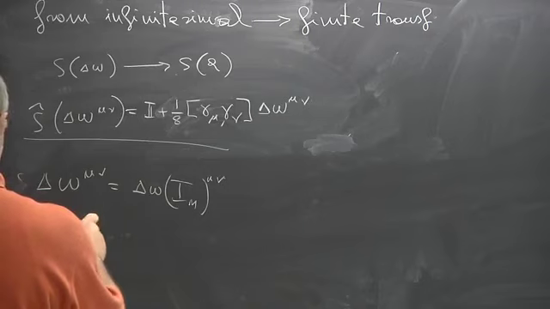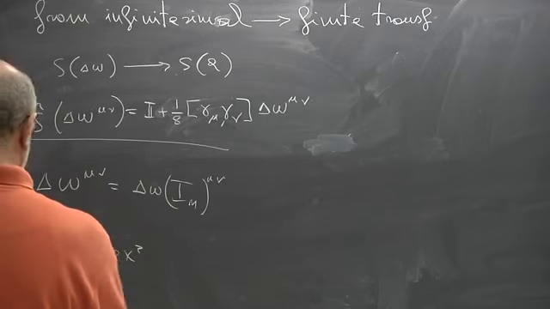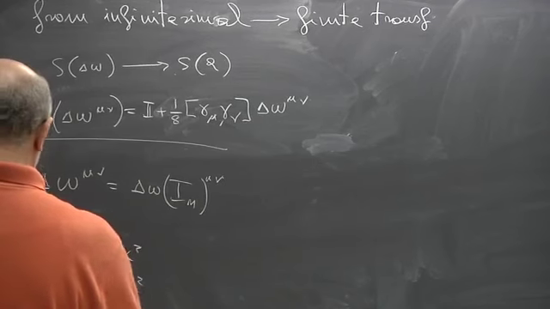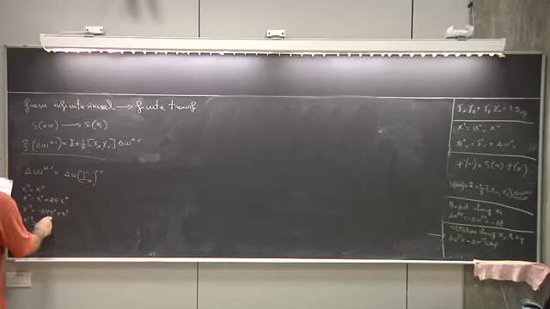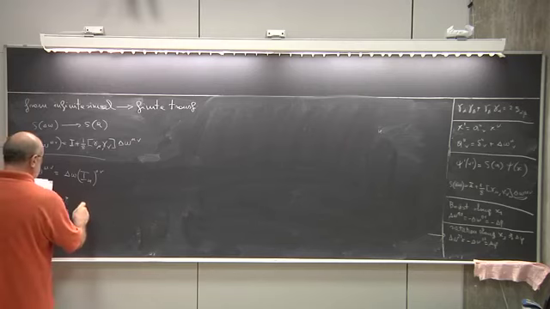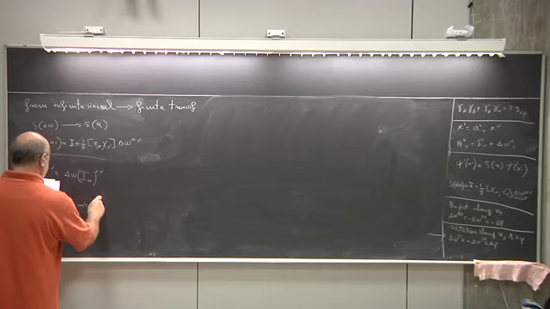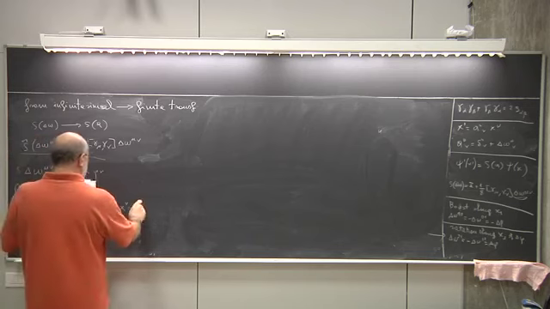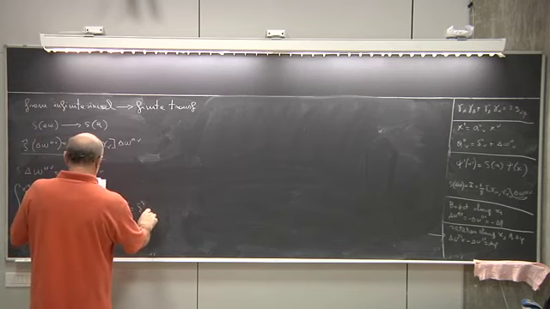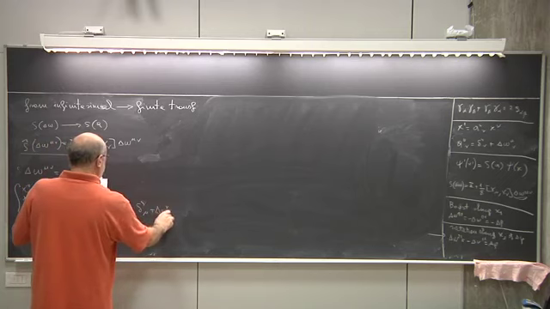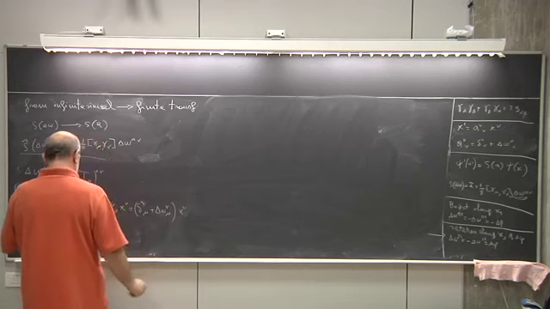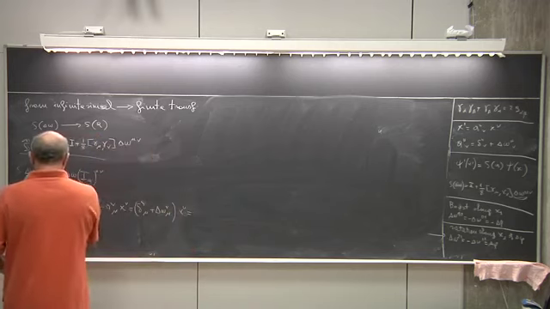The rotation was x prime 0 equals x0, x prime 1 equals x1 plus delta phi x2, x prime 2 equals minus delta phi x1 plus x2, and x prime 3 equals x3. Now this is nothing else than x prime mu equals a mu nu x nu, which is the same as delta mu nu plus delta omega mu nu times x nu.